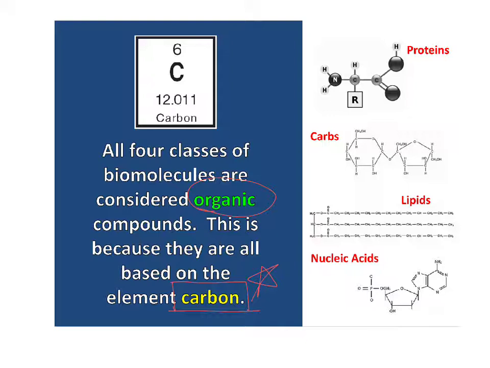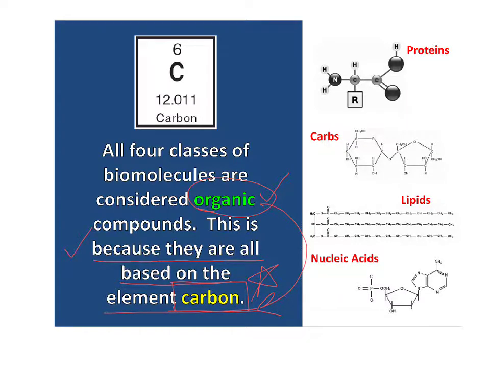They want to know if you understand that organic in science means it contains carbon. Take a look at your notes, number 16. Why are all four classes of biomolecules considered organic? The answer to that is right here. Because they are all based on the element carbon.